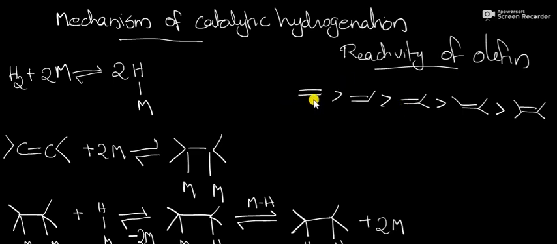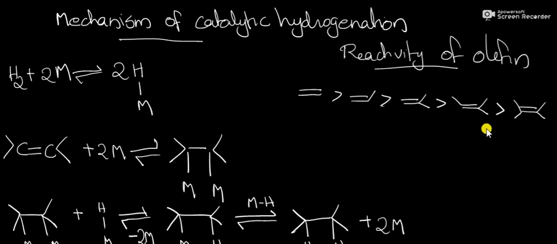So ethene is more reactive than one substituted ethene, that is propene, which will be more reactive than a two substituted alkene.